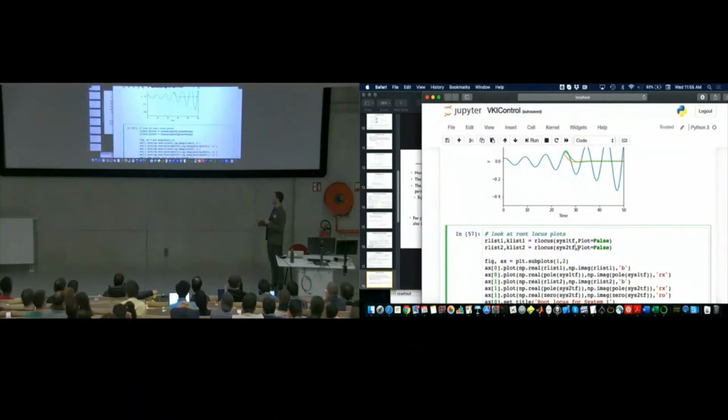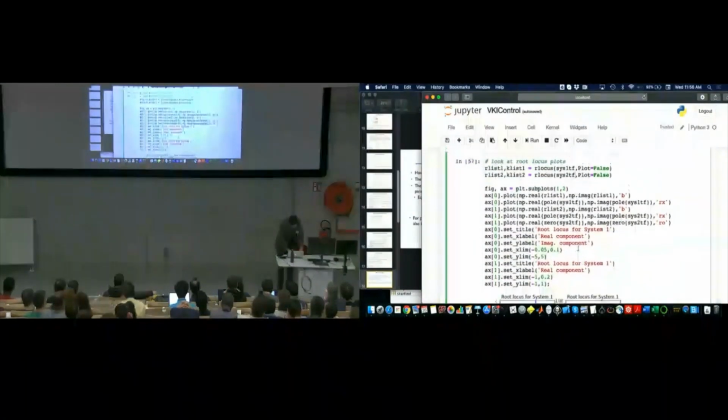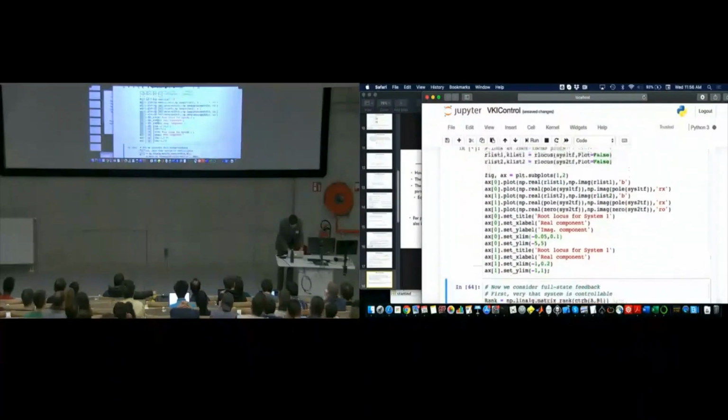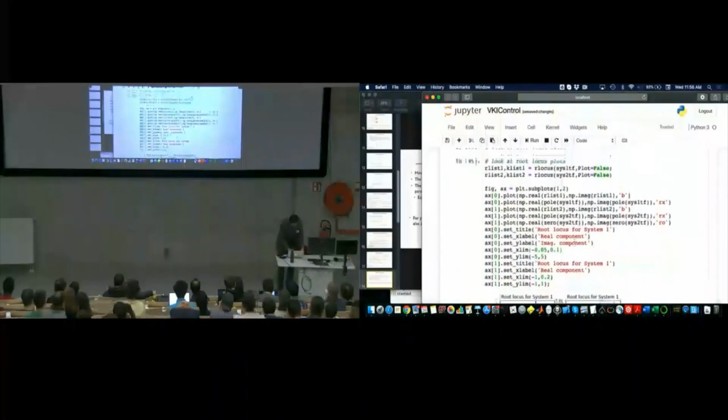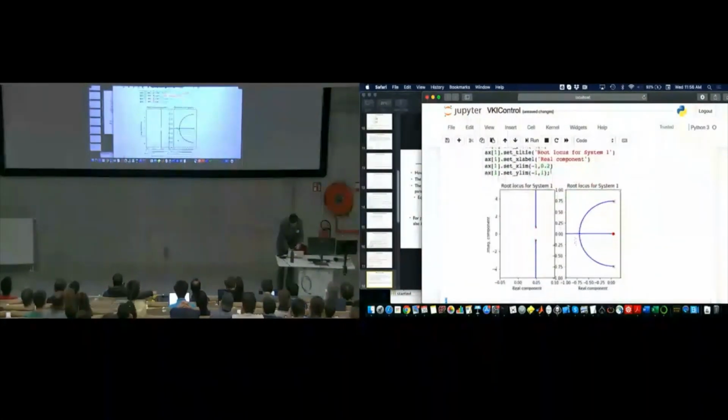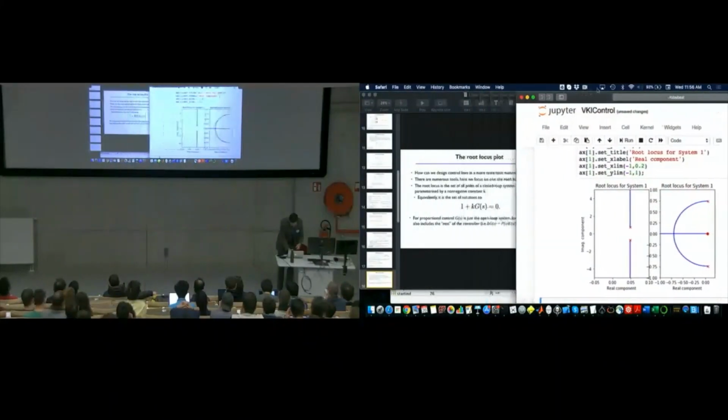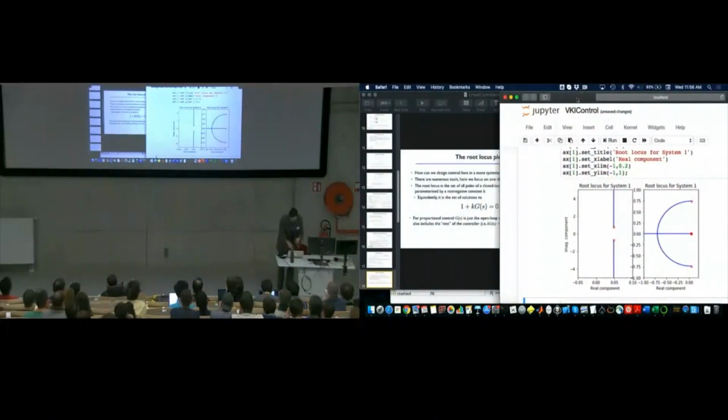I think in Python in particular, it's kind of nice to do things a little bit more manually, at the expense of having more lines of code. But basically what I'm showing here are the root locus plots for proportional control for my two systems. So again, these are systems with the same A matrix, but different B and C matrix pairs.